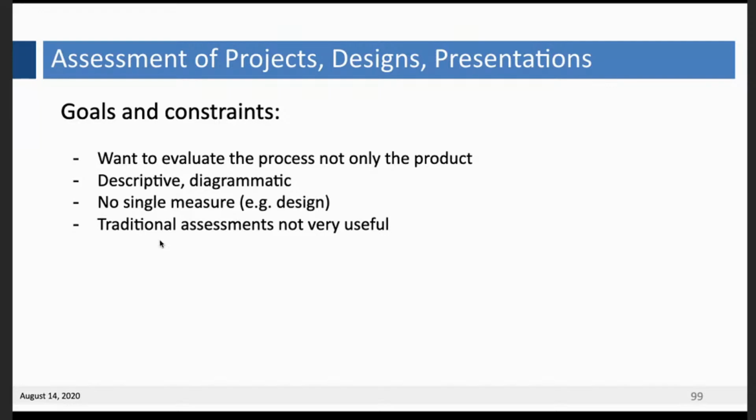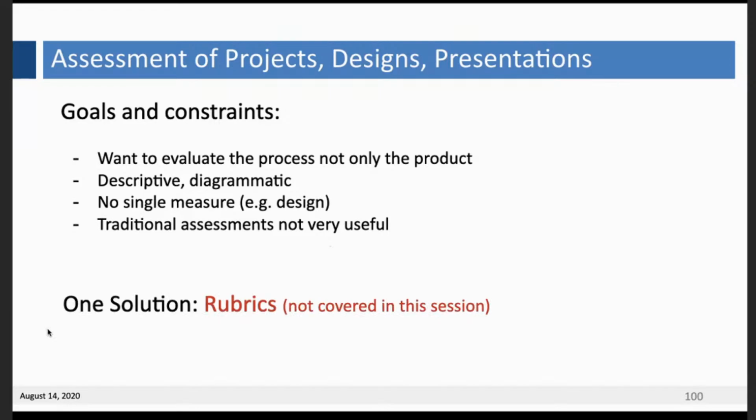So how to do that? Definitely one solution is to use rubrics. I'm not going to talk about rubrics. It takes an entirely different session on what rubrics are and how to design them. But you can say that you devise criteria, you devise ratings, and according to that you can evaluate these kinds of projects. Okay?